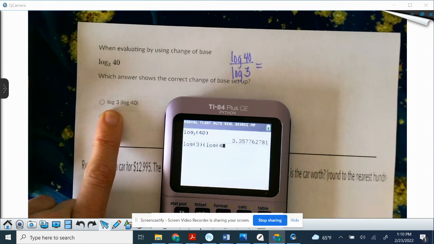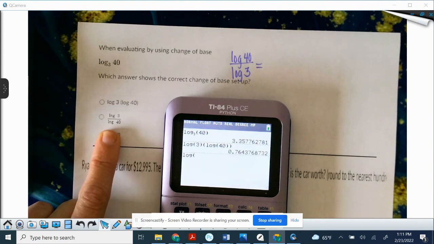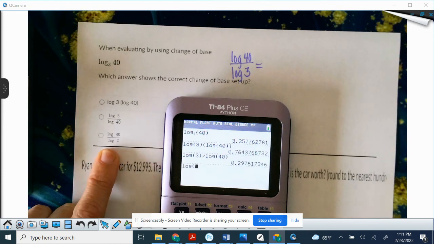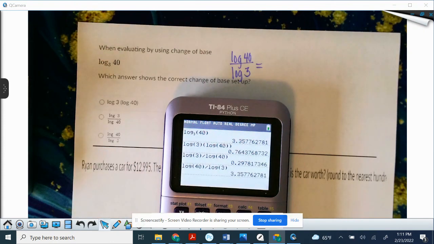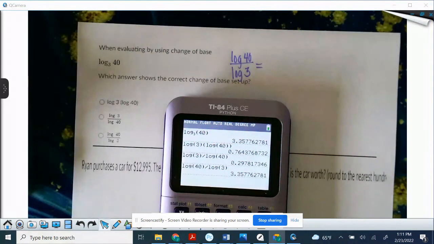Log 3 divided by log 40, not a match. Log 40 divided by log 3. I think most of you that I'm talking to right now, live time, probably already know to do that.